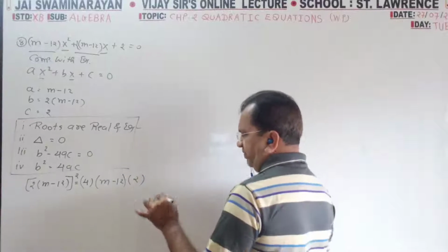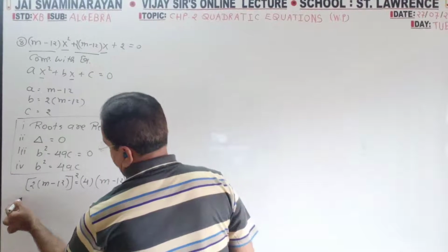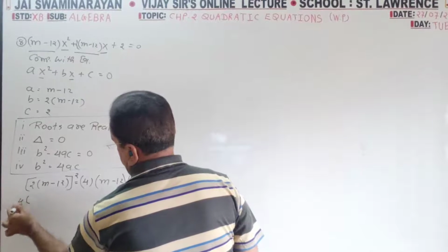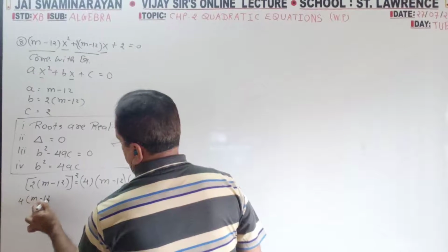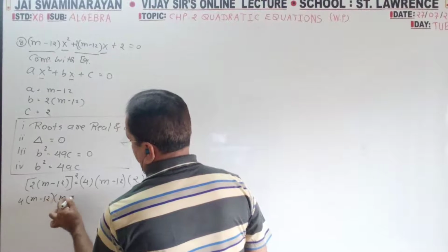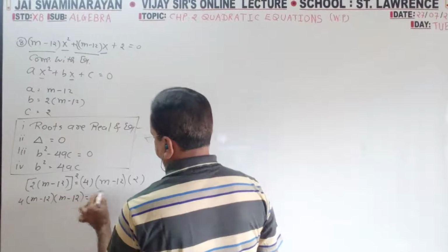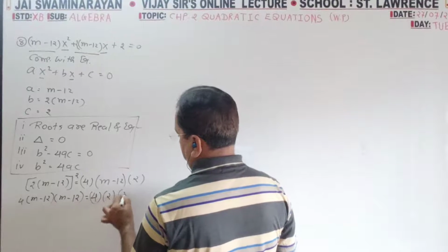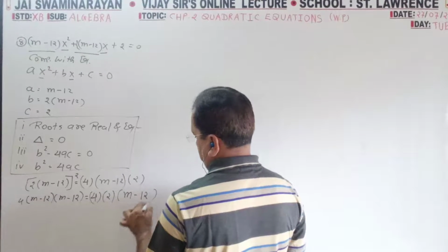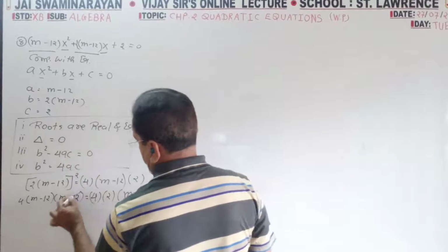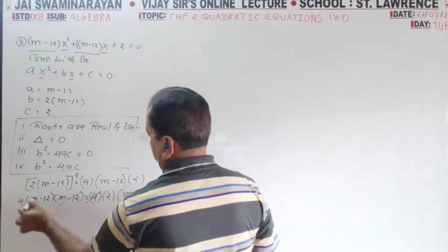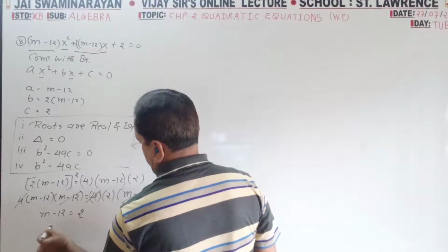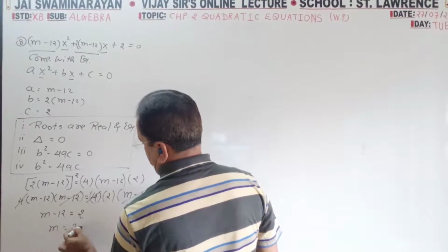Now don't open the bracket, just split up the bracket. 2 to the power of the bracket, so write 2 times 2, and 4 times (m minus 12) times 2. So m minus 12 is equal to 2, m is equal to 2 plus 12.